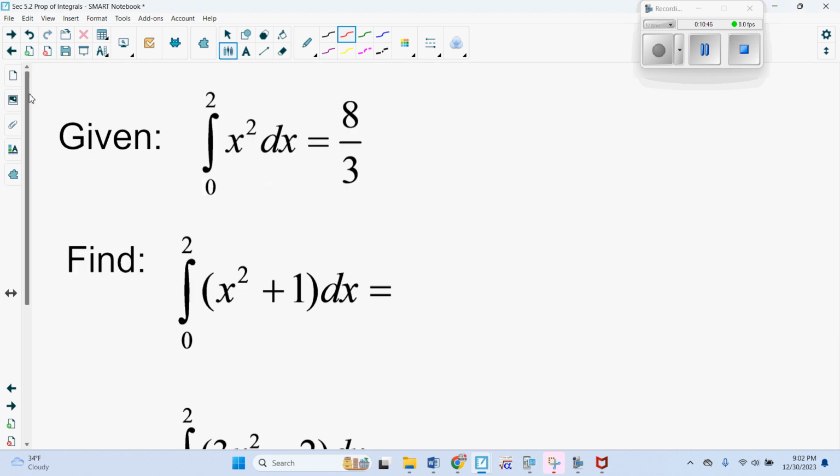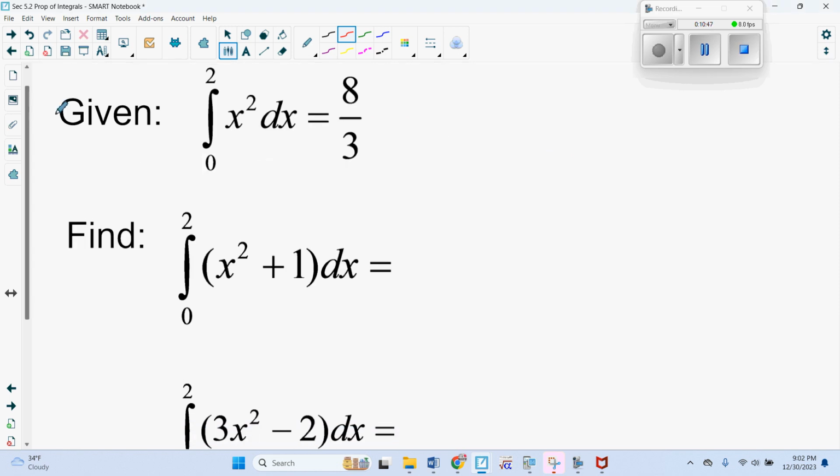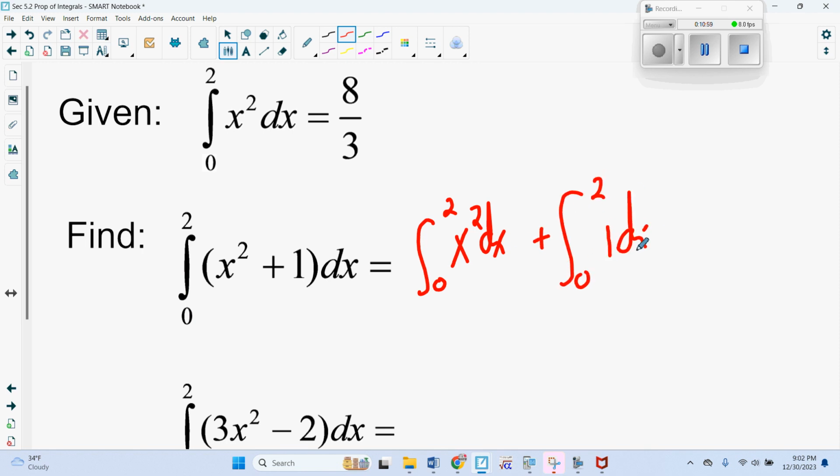So those are some examples of how we can use those properties. Let's try some more. What if we have the integral from 0 to 2 of x squared plus 1? Well, we can split this into 0 to 2 of x squared dx plus 0 to 2 of 1 dx. This is 8/3. This integral here, we can just think about that, right?